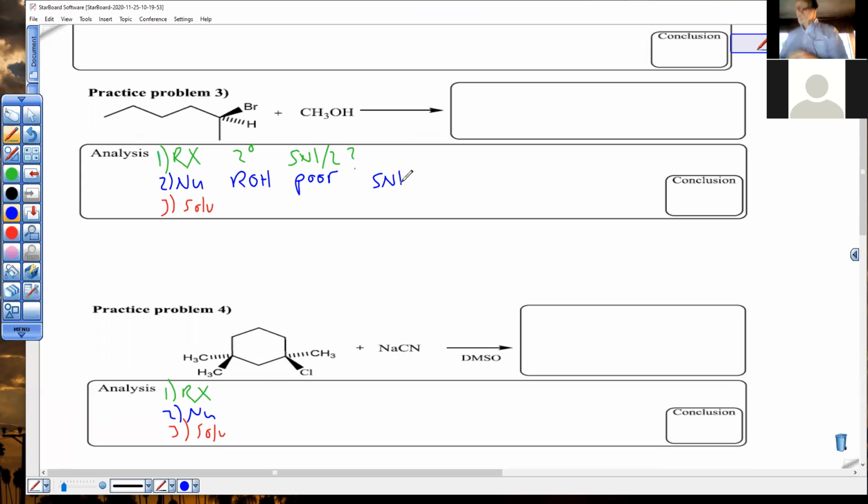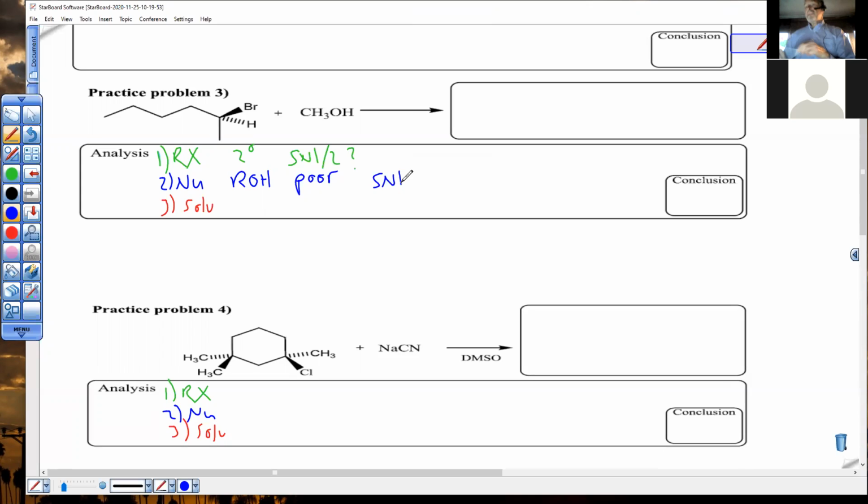Solvent. You say, wait, there's no solvent. Ladies and gentlemen, there's always solvent. We don't do gas phase reactions in this course, although there are people that devote their whole lives to studying gas phase reactions. From a practical sense, we don't do those reactions.